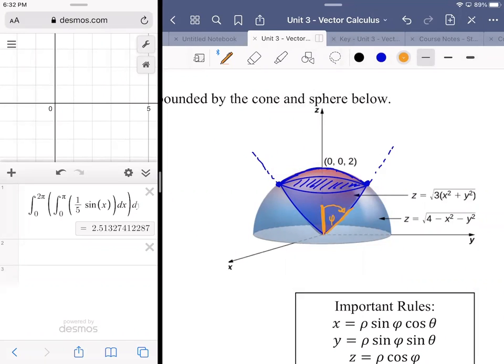We know it's going all the way around. So if we're looking on the XY plane, if I start here and work my way around in terms of theta, that's going to be a 2 pi movement. So 0 to 2 pi. All right.